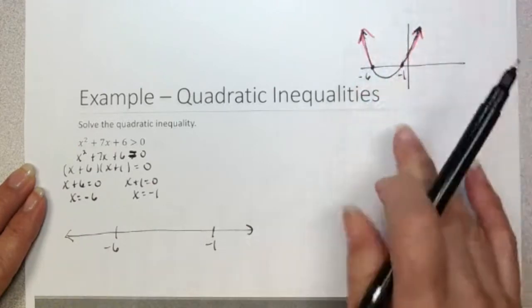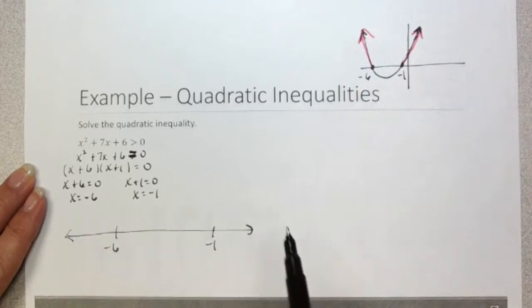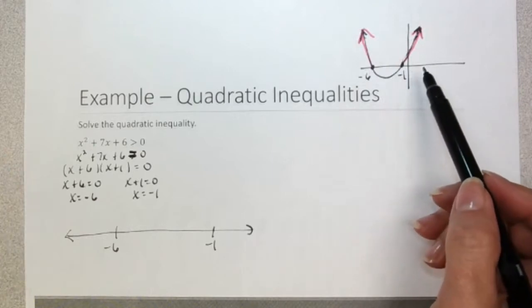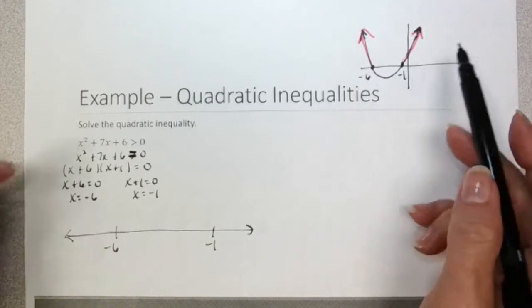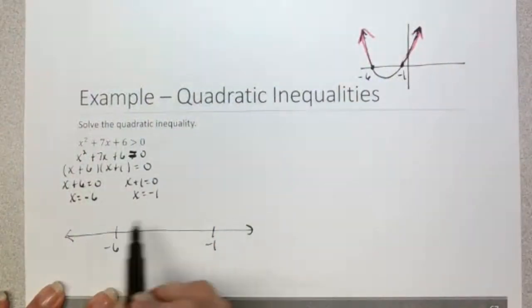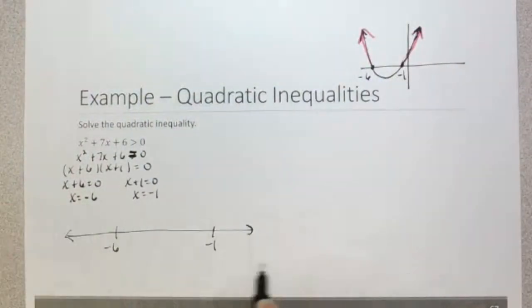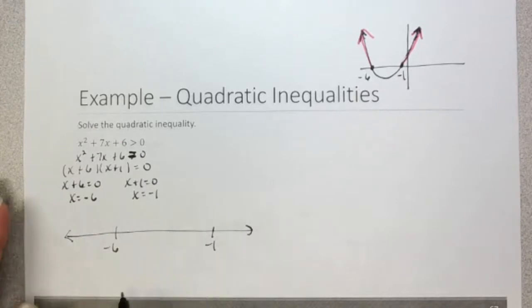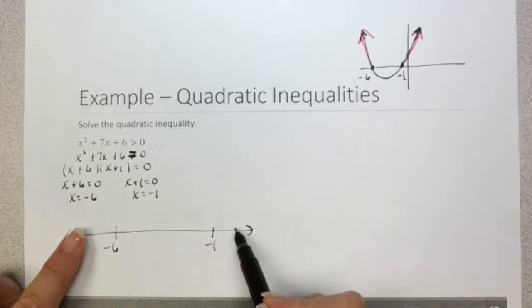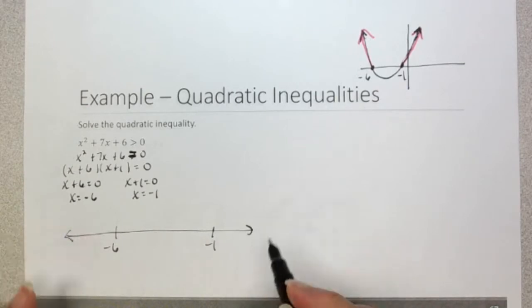Now we have that graph, so we know it's the area to the left of negative 6 and the area to the right of negative 1 that are going to be where that quadratic function is positive. But if we didn't have that graph, it might be at the two ending intervals, or it might be this middle interval. We can see this is upward facing, so intuitively we would say, oh, it's probably these outer intervals.